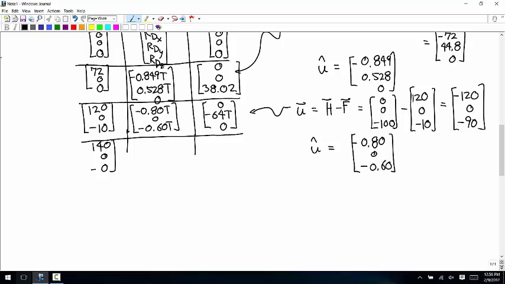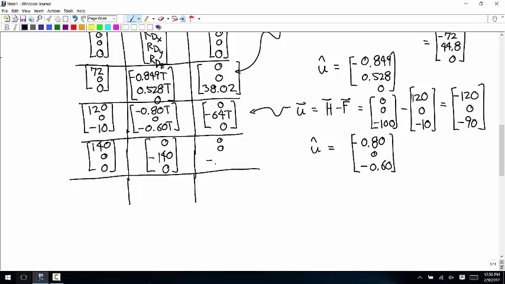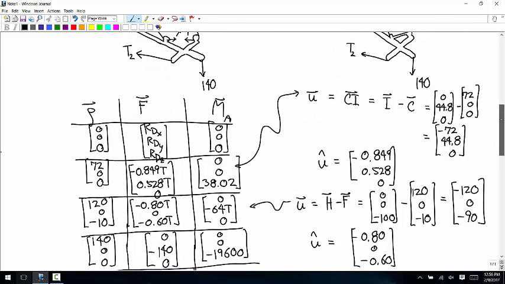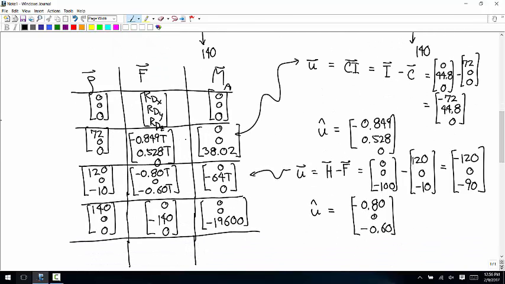That's in inches. The force vector is 140 pounds in the negative y direction, so that's 0, negative 140, 0. And what's that cross product? Okay. Oh, on this one, the second row here, there should be a T on that.